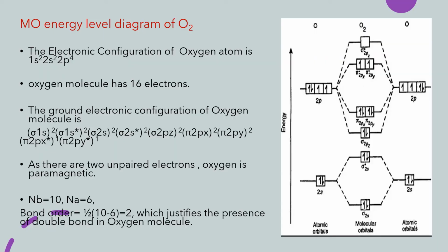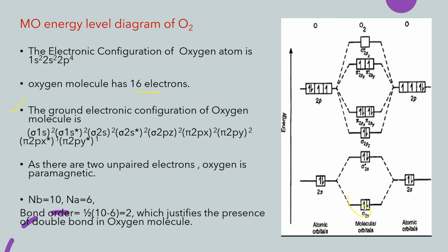Let us discuss the molecular energy level diagram of oxygen. As we all know, the electronic configuration of oxygen is 1s2, 2s2, 2p4 and the molecule has 16 electrons. And this is the ground electronic configuration of the oxygen molecule. The 1s orbitals overlap and form molecular orbitals. The 2s orbitals overlap and form molecular orbitals.